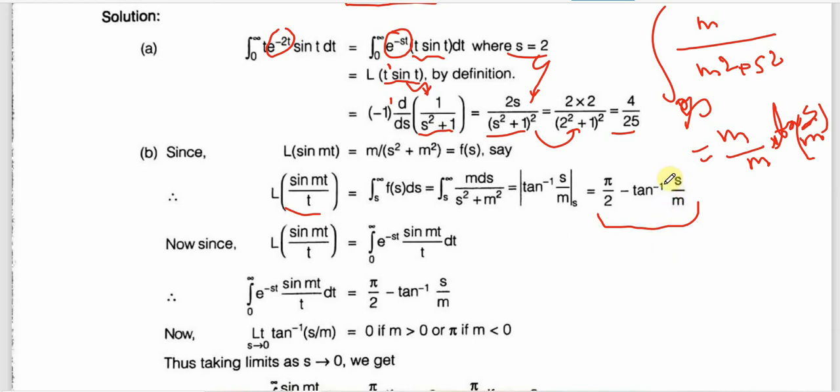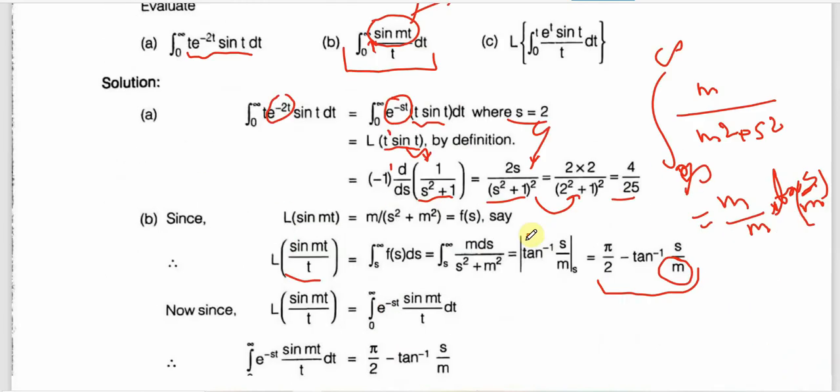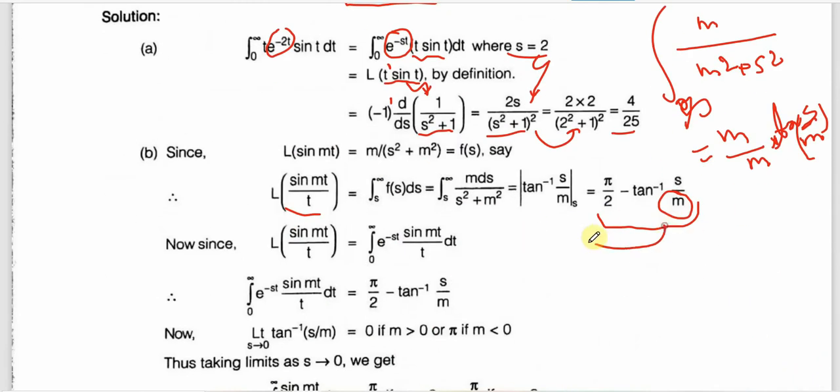If we put s equal to 0, here is m, and what is m? It is not mentioned, so it may be a positive constant and it may be a negative constant also. If m is positive, then s equal to 0 will be positive 0, and if m is negative, it will be negative 0. So what is the tan inverse of positive 0, and what is the tan inverse of negative 0?